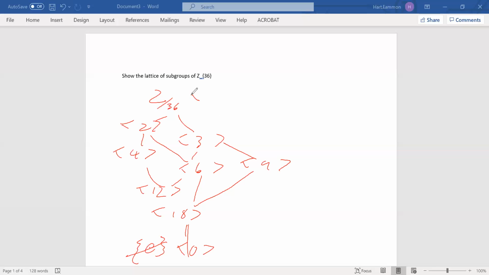So we could also think of this as 1, and this is 36. Either 1/3 or 1/2, but that's kind of coincidental to the fact that we're dealing with 36.